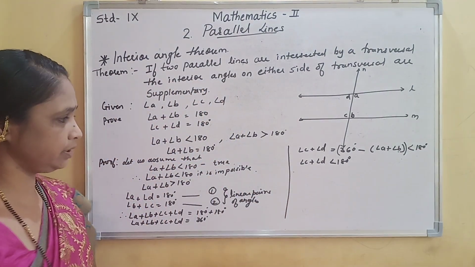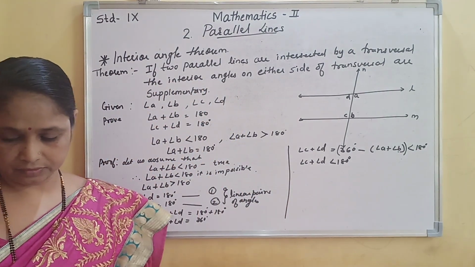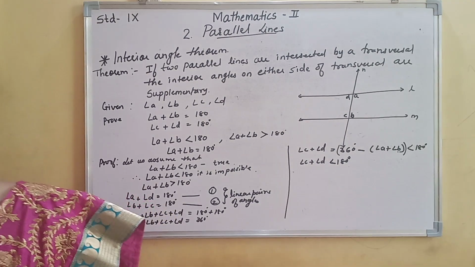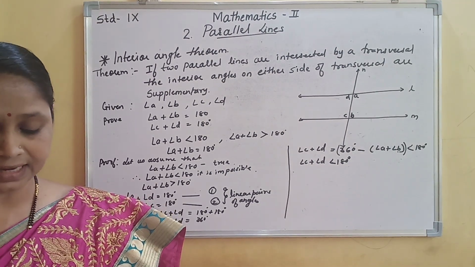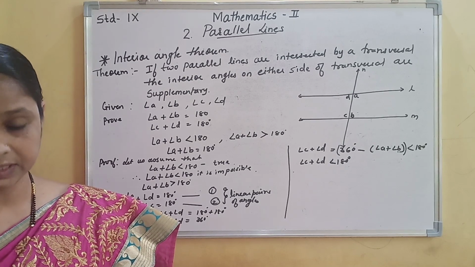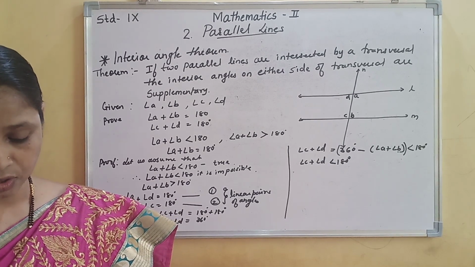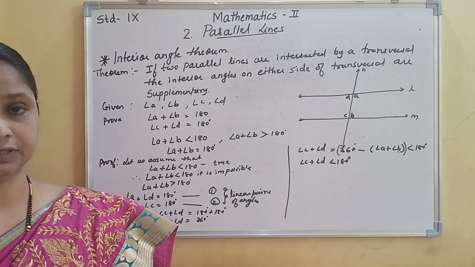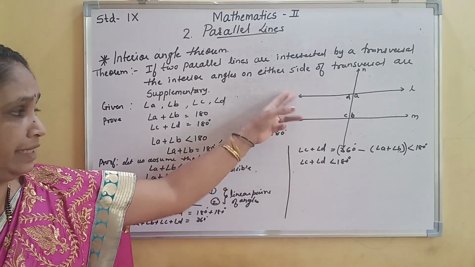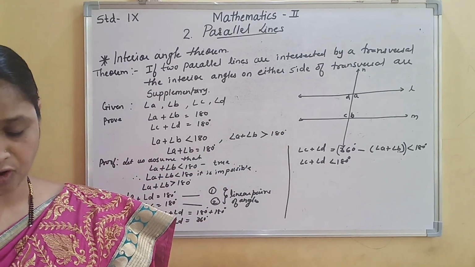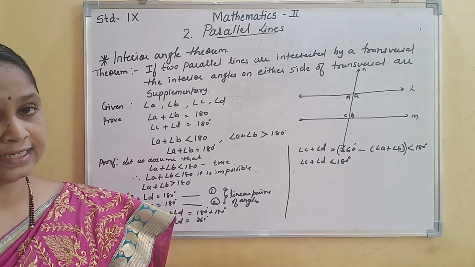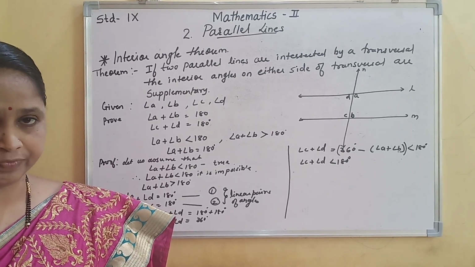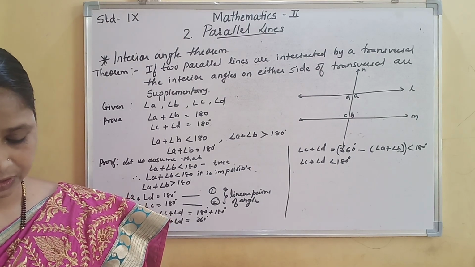Now this will be less than 180 degrees. Okay, now see, in that case line L and line M produced will intersect each other on the same side of the transversal where C and D are formed. So angle C and angle D will be less than 180 degrees. So that is impossible.